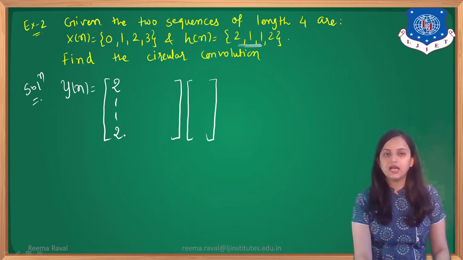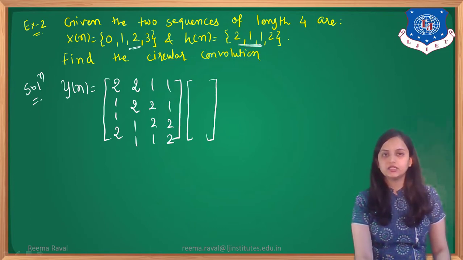Then we will place the last value in the first entry of the second column and the others are placed downwards. So this second column will be 2, 2, 1, 1. Same way the third column will be 1, 2, 2, 1 and the last one will be 1, 1, 2, 2. This is to be multiplied with x of n, which is 0, 1, 2, 3. So here we will place 0, 1, 2 and 3.